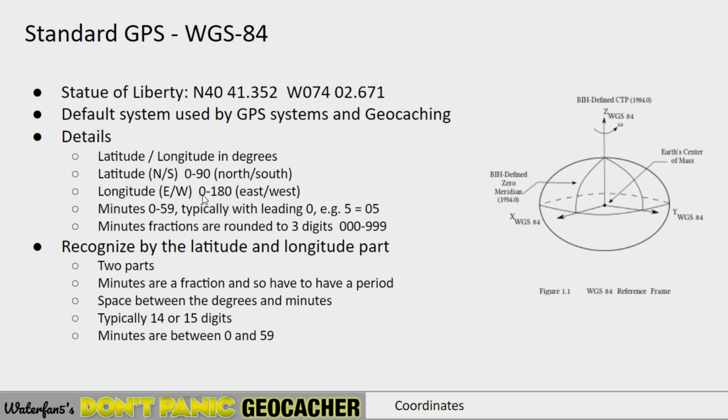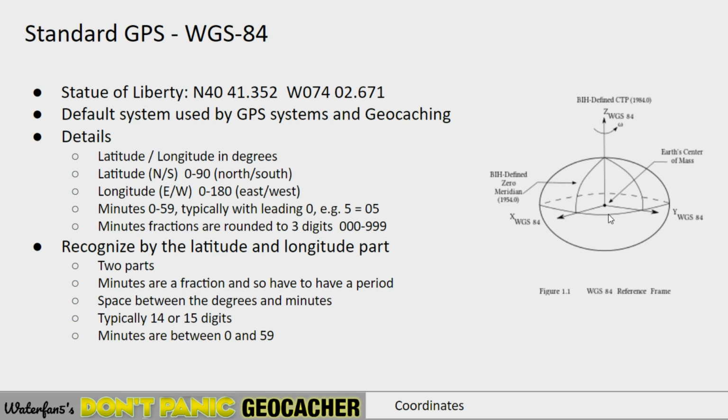So therefore, this number goes from 0 to 180 and indicates the direction. Now, the zero is artificially set at Greenwich, London. That is basically 0. And we're just looking how far we go east or how far we go west. For the latitude, 0 is set to the equator. So much easier to remember there.